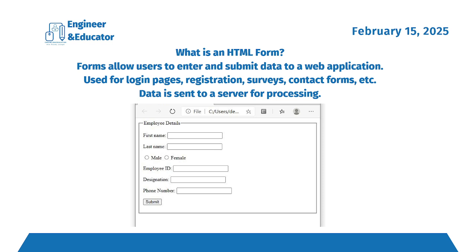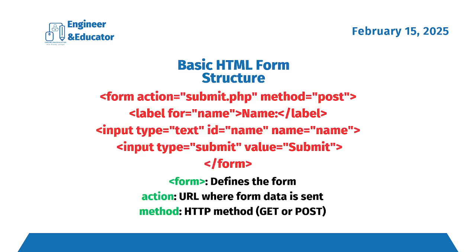And there is an example of a basic HTML form structure given here. You can see an example here. Common HTML labels and input tags, common HTML form tags are used here.